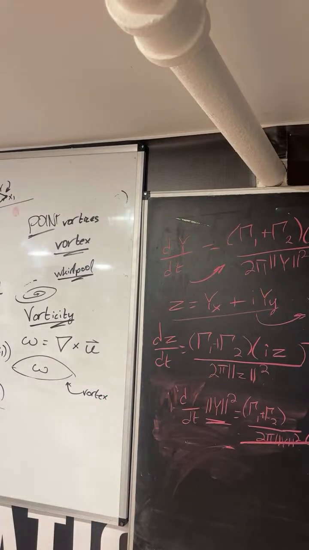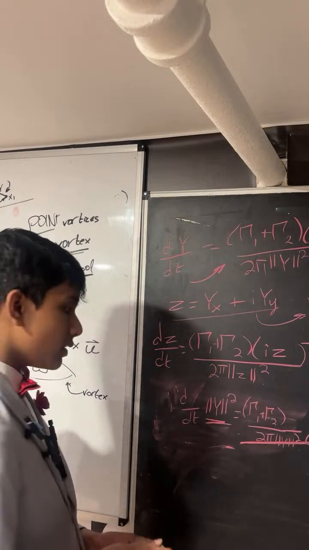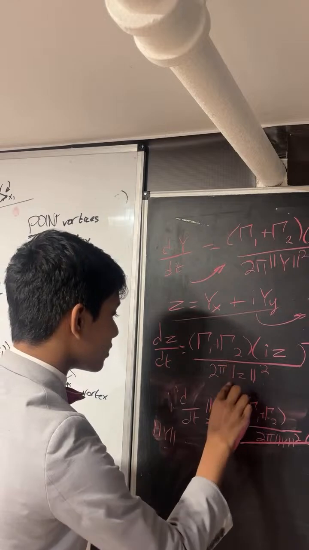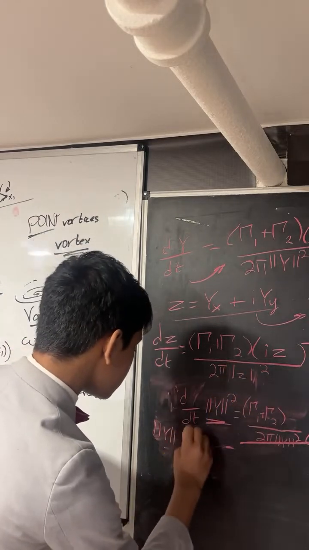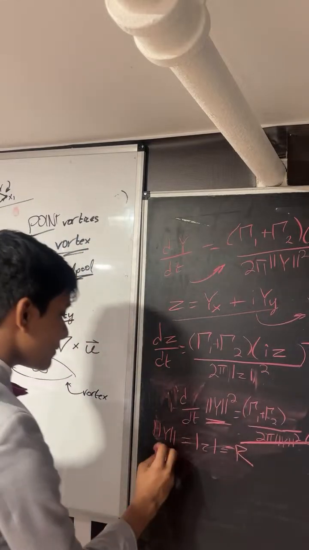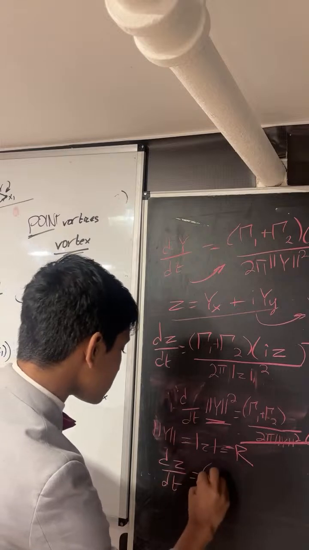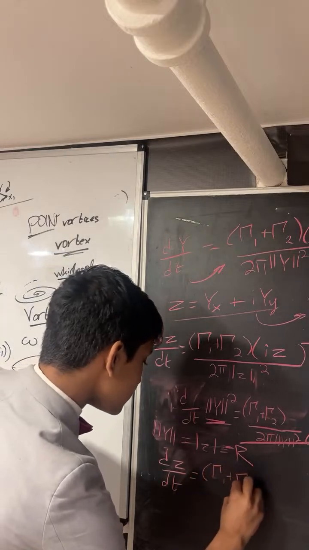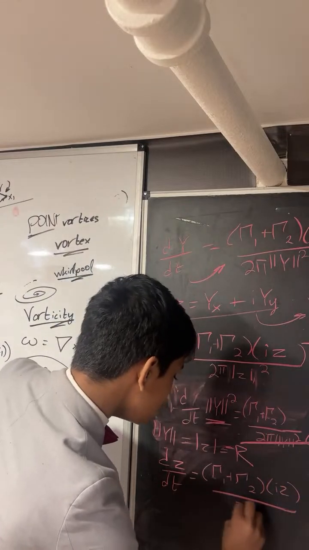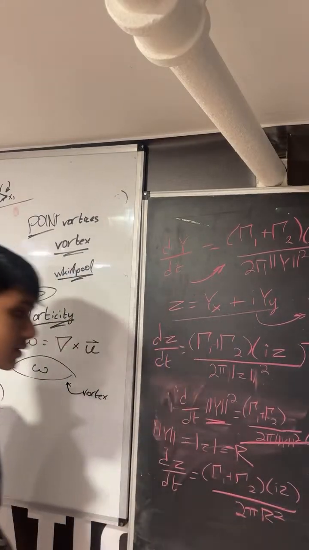But for now, let me just call the magnitude of y a new variable r. So now we have dz dt is equal to this, iz over 2 pi r squared.